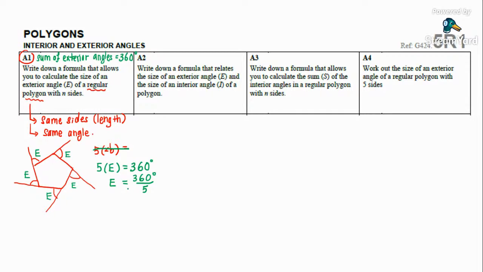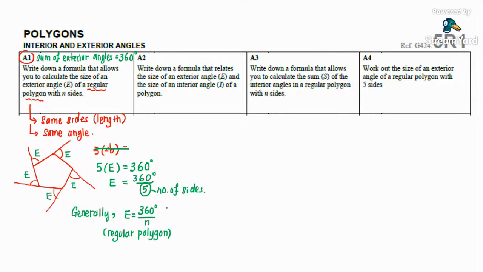This is when I'm talking about a pentagon, where the number of sides is 5, so that's why I divide by 5. Hence, generally, for a general number of sides n, the formula for the exterior angle will be 360 divided by n. Please be reminded that this is only applicable to regular polygons.